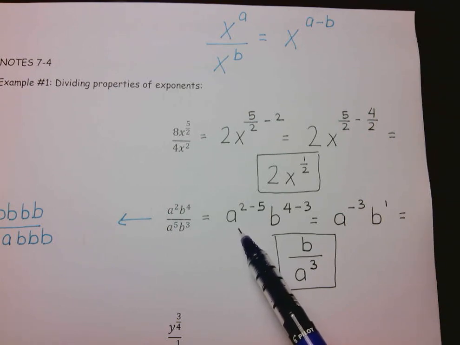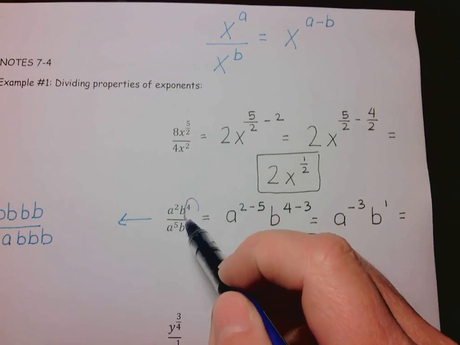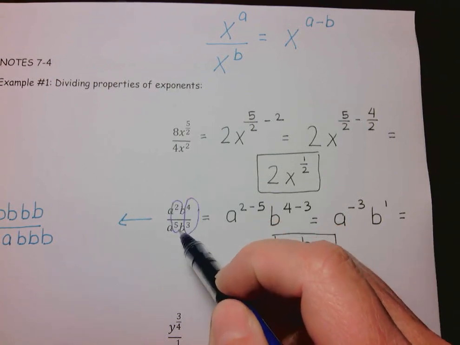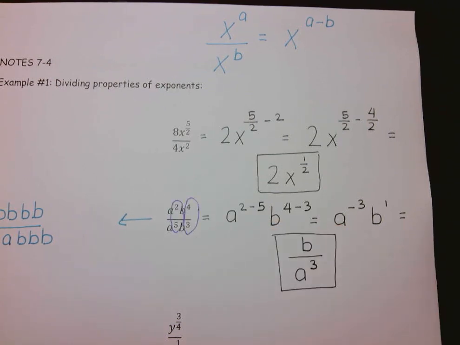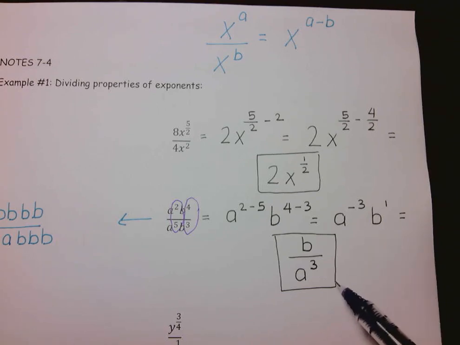I need to subtract the exponents one variable at a time, because remember, you can only subtract the exponents that have the same base. So this is what I end up with, and remember, I cannot leave a negative exponent at the end, so I need to rewrite the problem like this.